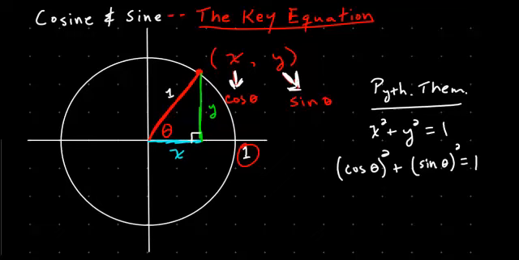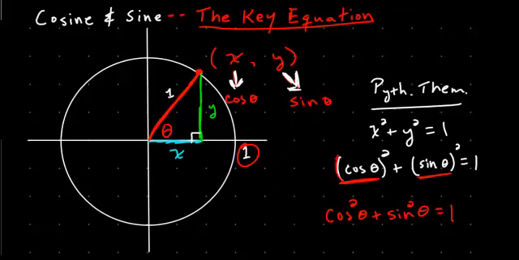But you will rarely ever see it written like that. Here's how you will see it written. But remember, this is what it means. Cosine theta squared plus sine theta squared equals 1. But it always is written as cosine squared theta plus sine squared theta equals 1. And I think that's just a matter of convention because it takes up less space and less characters.